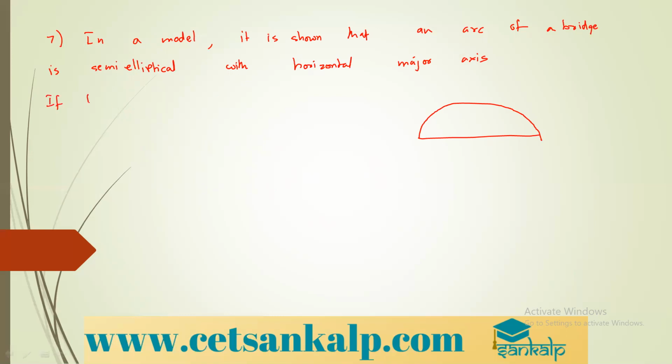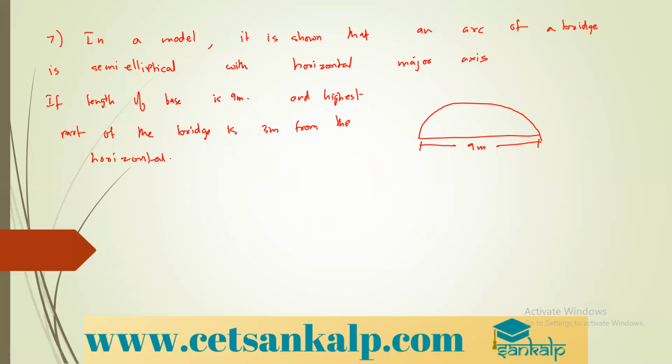If the length of the base is 9 meters, that means this length of base will be 9 meters. That is given. And the highest part of the bridge is 3 meters from the horizontal.